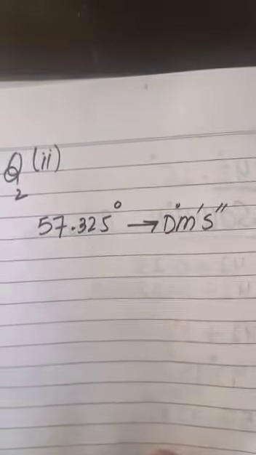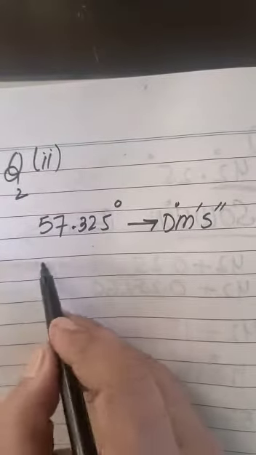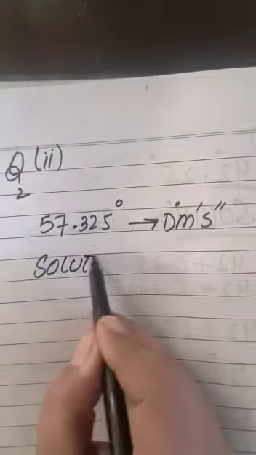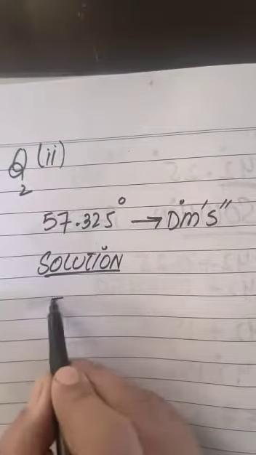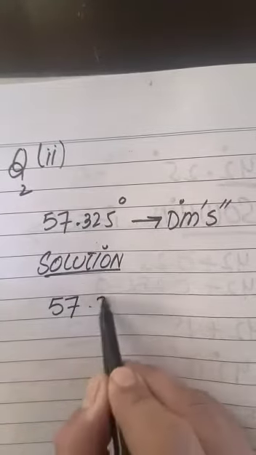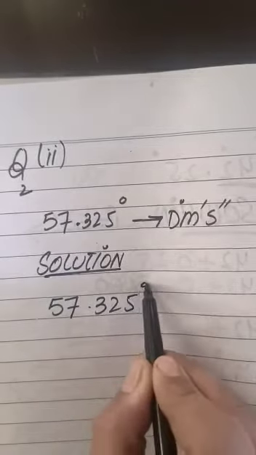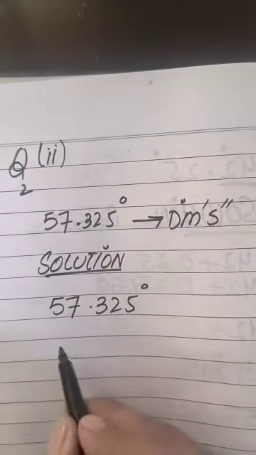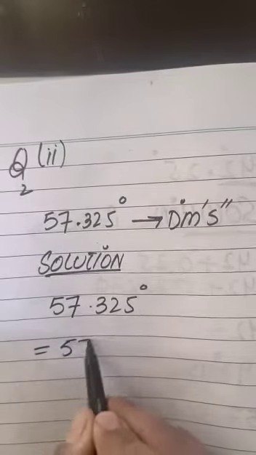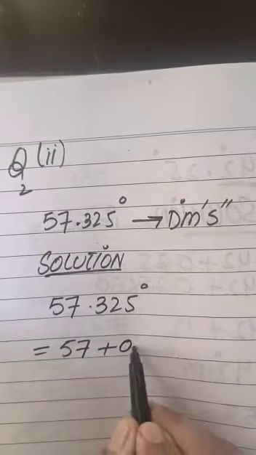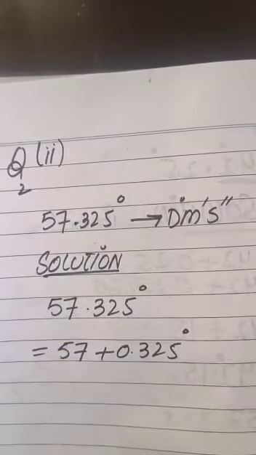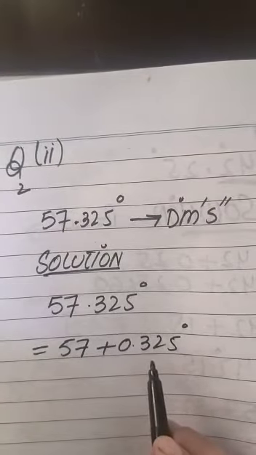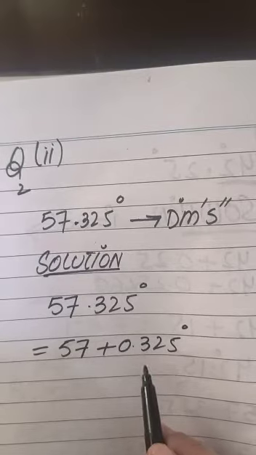Now how will we convert? First we will write the solution. Write the question again, that is 57.325 degrees. Now we can write 57 plus 0.325 degrees. We know that 1 degree is equal to 60 minutes.